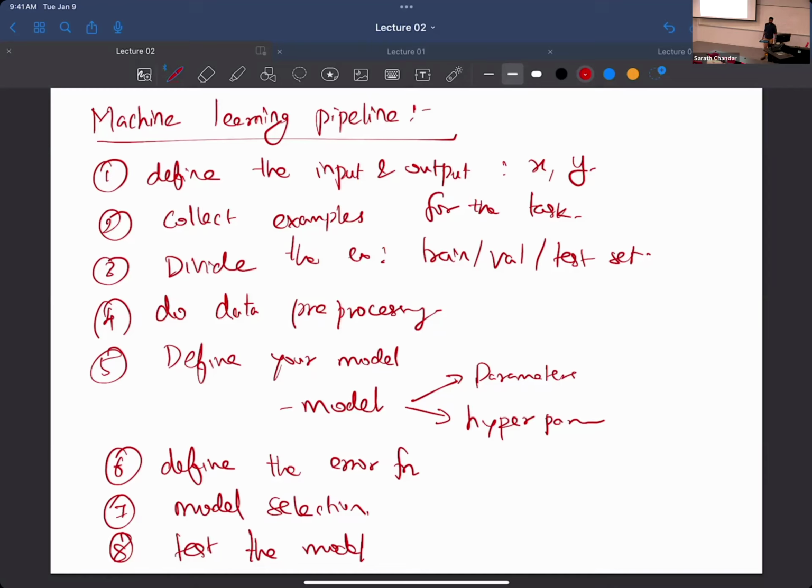And why is that a problem? Yeah, so you're kind of doing test data leakage by doing this.